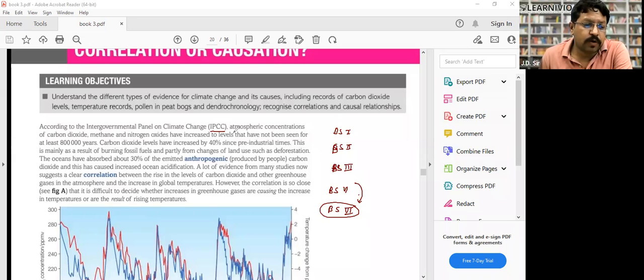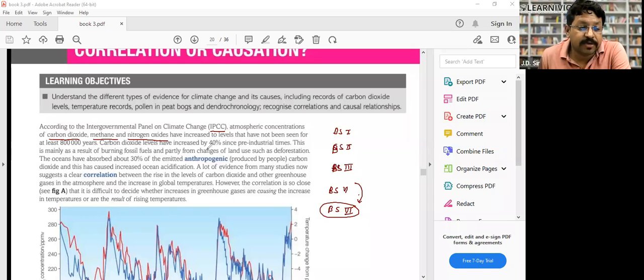They have revealed that the atmospheric concentration of carbon dioxide, methane, and nitrogen oxide has increased to levels not seen in at least 8 lakh years. Now you can understand, right?